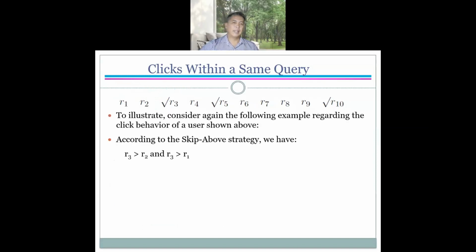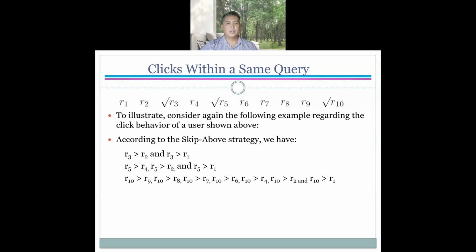Okay, so this is what we meant by skip above. So R3 is better than R1 and R2. If 5, then R5 is more important compared to R4, R2, and R1.